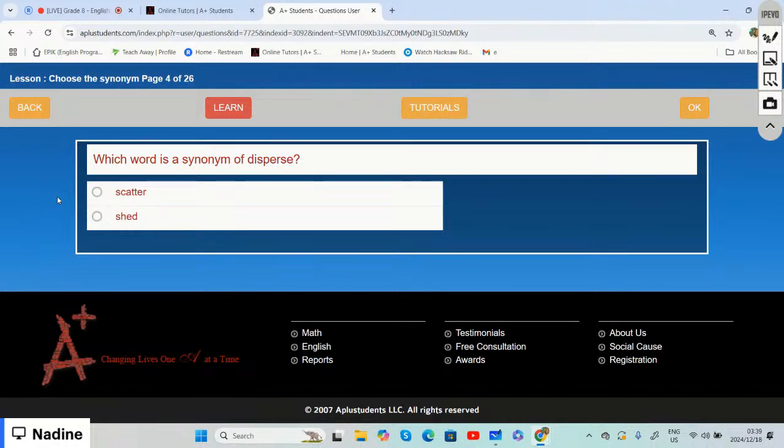If we were to identify the word that is the same as or almost the same as disperse, then we can say it is scatter.